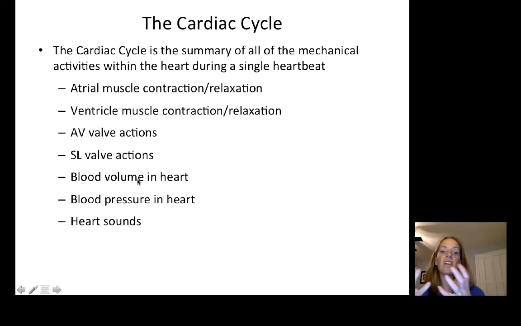As the heart is filling, volume is going to increase. As the heart is pumping, volume is going to decrease. And then pressure. As the heart is pumping, pressure is high because you're squeezing on the blood. As the heart is relaxing, pressure is low, and that allows the heart to fill. We will also track the heart sounds which occur when the valves close.